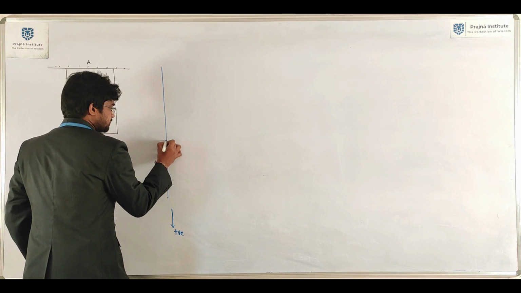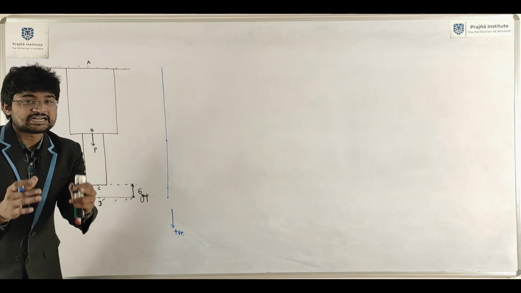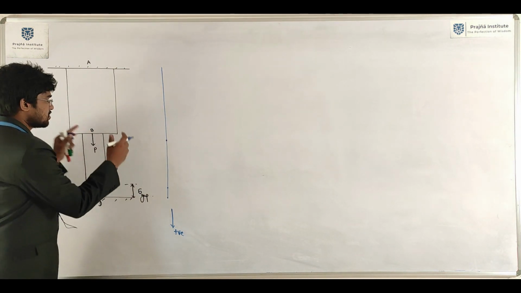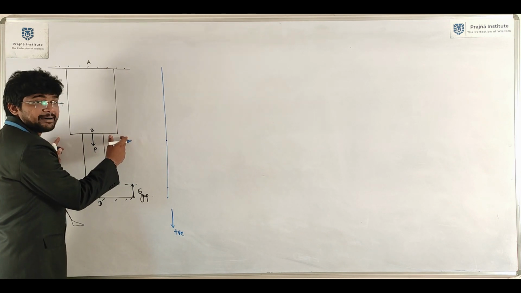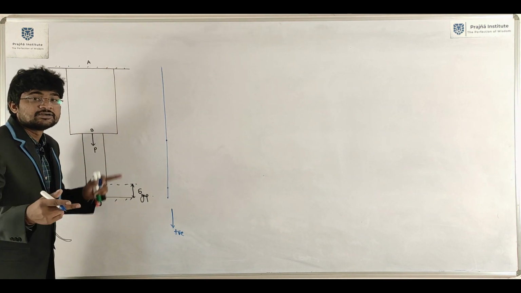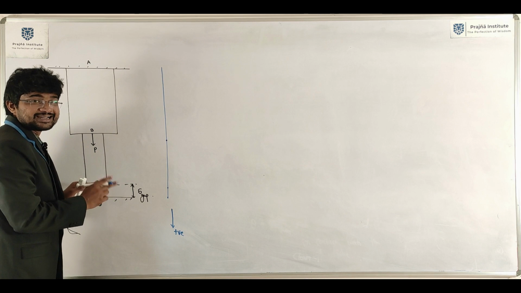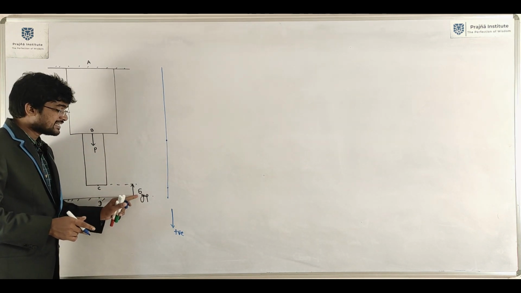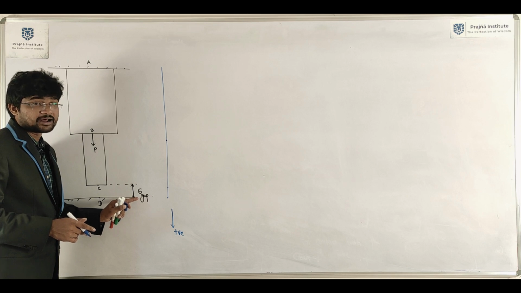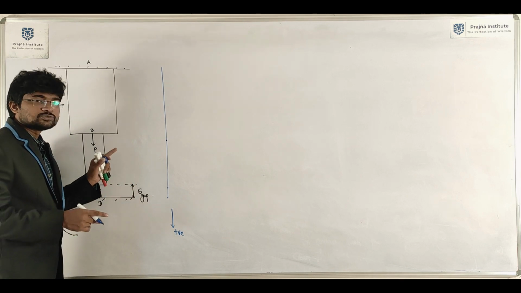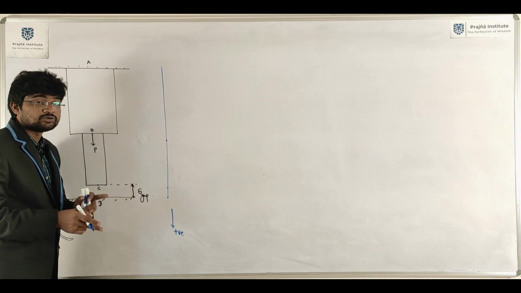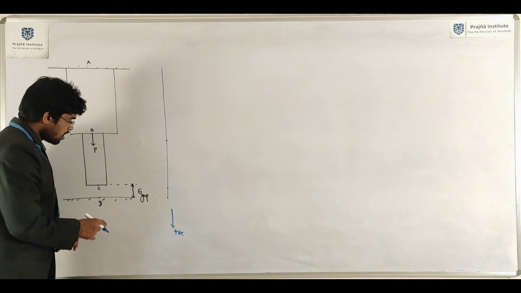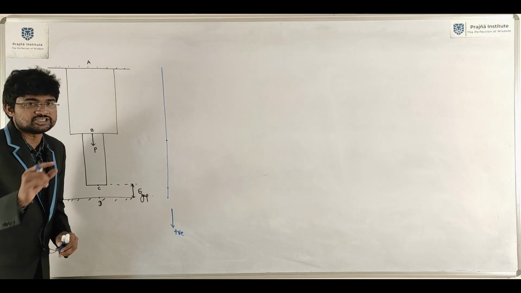First draw the axial loading diagram for the given compound bar, then determine total deformation in the bar. Then check whether total deformation is greater than or equal to delta gap or not. If it is, in that case RD is not equal to 0.